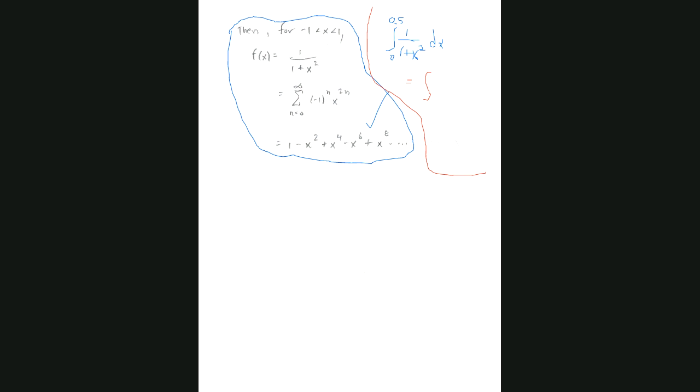So we could find the exact value, but let's say that we had a function here that we couldn't get the antiderivative of. What we could do is integrate the power series.